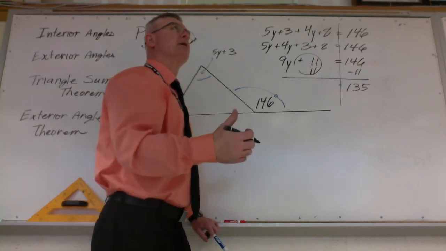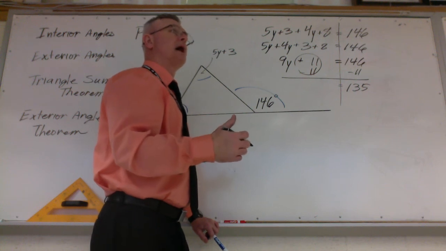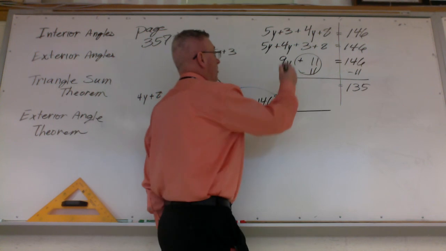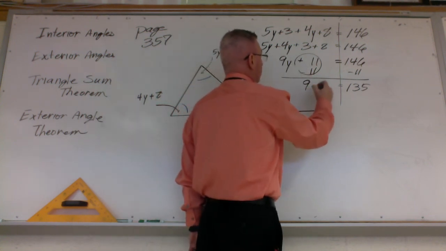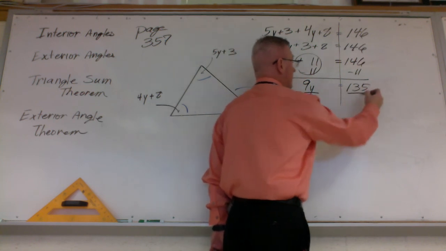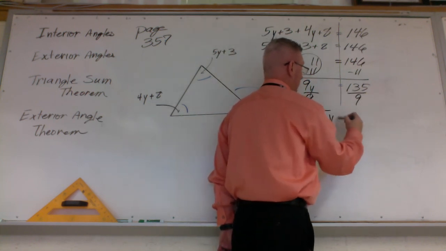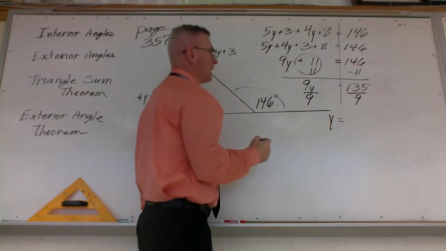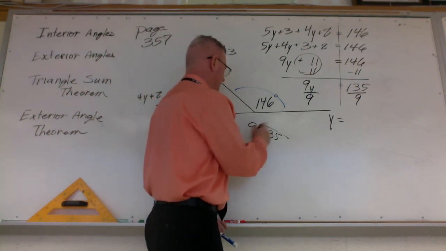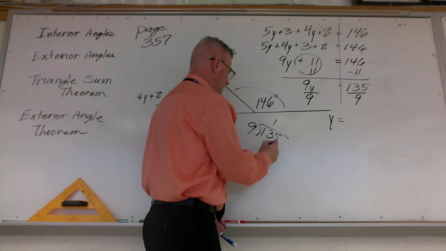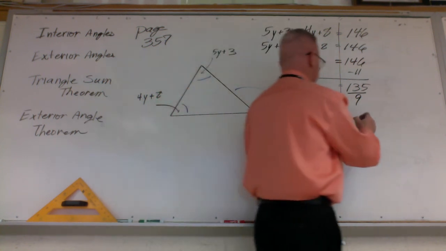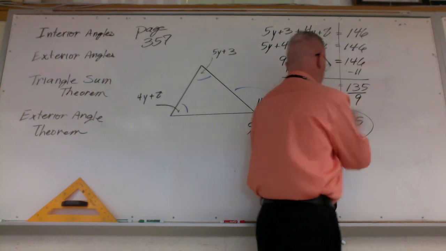Let's see, 5 plus 3 is 8 plus 1 is 9. 135 is a multiple of 9. So we're going to bring this down. 9 what? So divide both sides by 9. I don't rightly know off the top of my head what that is. So I'm going to do 135 divided by 9. It goes in once, 9 into 45, 5. Okay, so 15. So y equals 15.